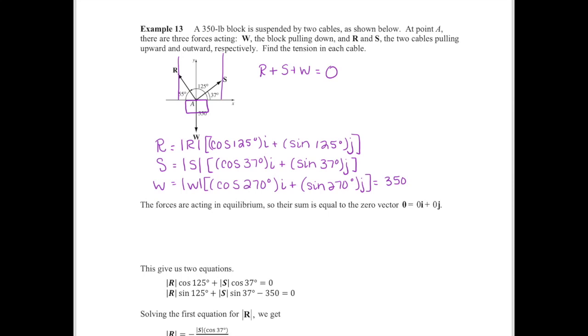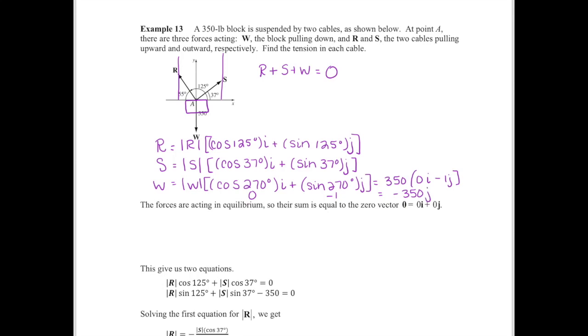I also know that cosine of 270 is 0, and I know that sine of 270 is -1 based on our unit circle. So when I have 0I minus 1j, altogether when I distribute that would give me -350j.